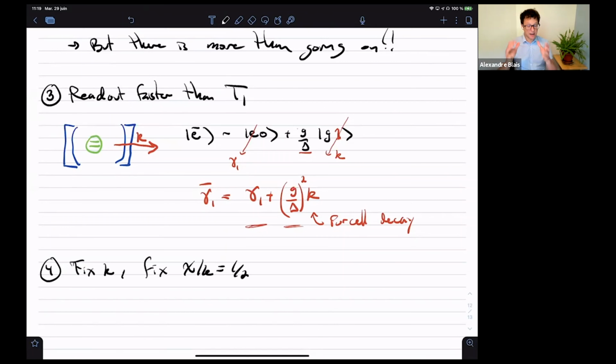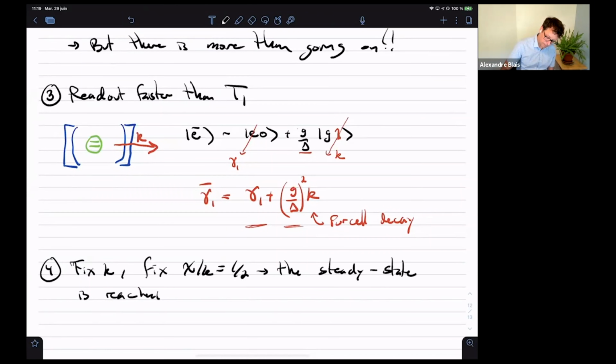Then what you can find again from the equations of motion for alpha dot, for alpha, is that the steady state is reached in a time which goes roughly as 1 over chi.